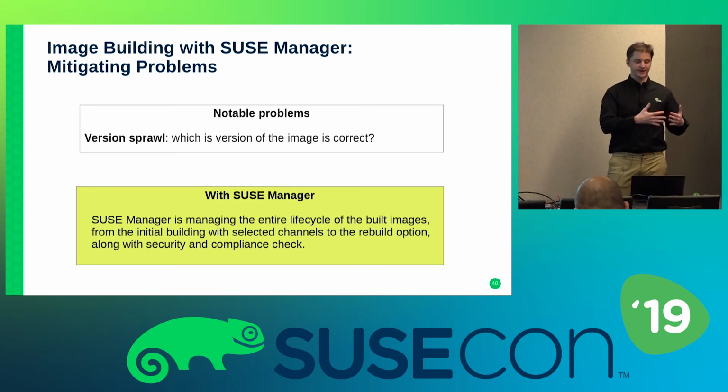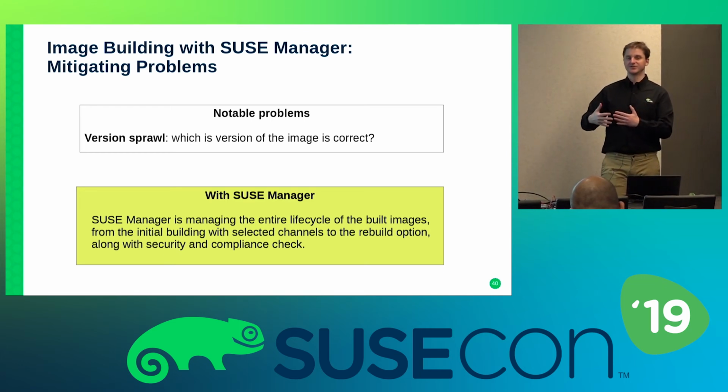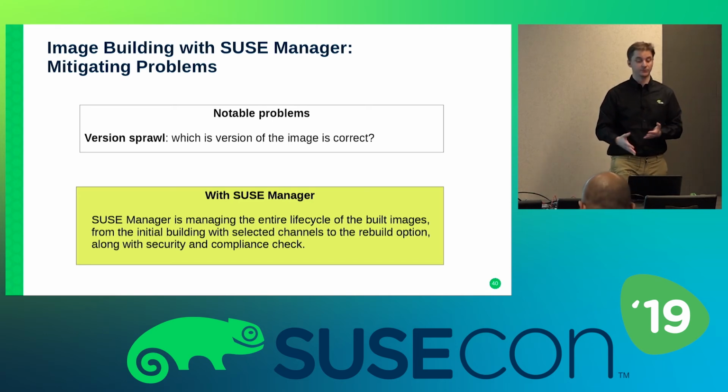We can be sure that SUSE Manager is managing correctly the whole life cycle of the container and OS images, and can trigger a rebuild whenever it's requested, and also can do CVE and security audits and compliance checks on those images.